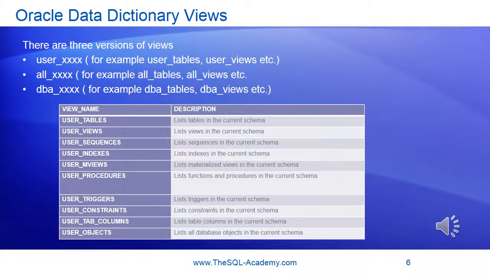Here is a list of commonly used database views. user_tables and user_views list all the tables and views. user_sequences lists all the sequences. user_indexes will have all the indexes. user_mviews will have all materialized views. user_procedures will list all the functions and procedures. user_triggers will have all the triggers. user_constraints will have all primary key constraints, not null constraints, foreign key constraints, and any other kind of constraint. user_tab_columns will have table columns, table name, column data type, column width, etc. And user_objects lists all the database objects.